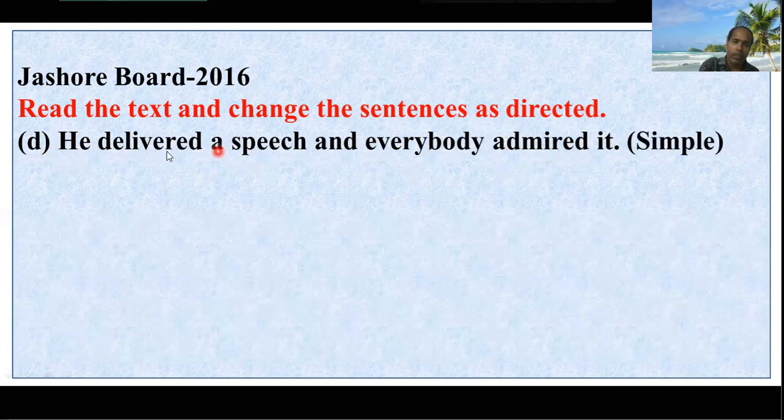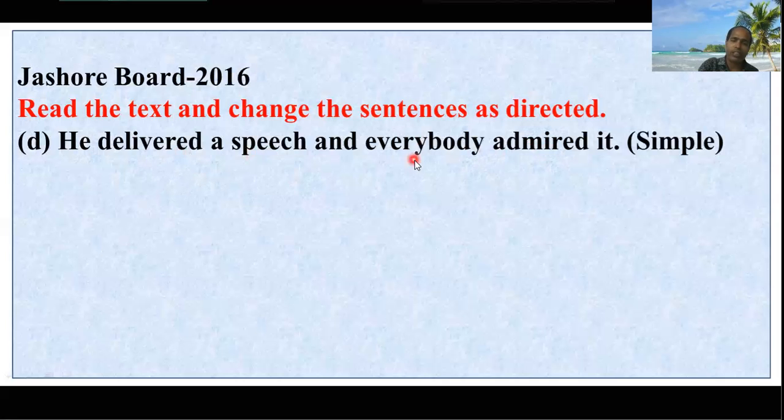So you have to change this verb into a noun, and you have to set the possessive.